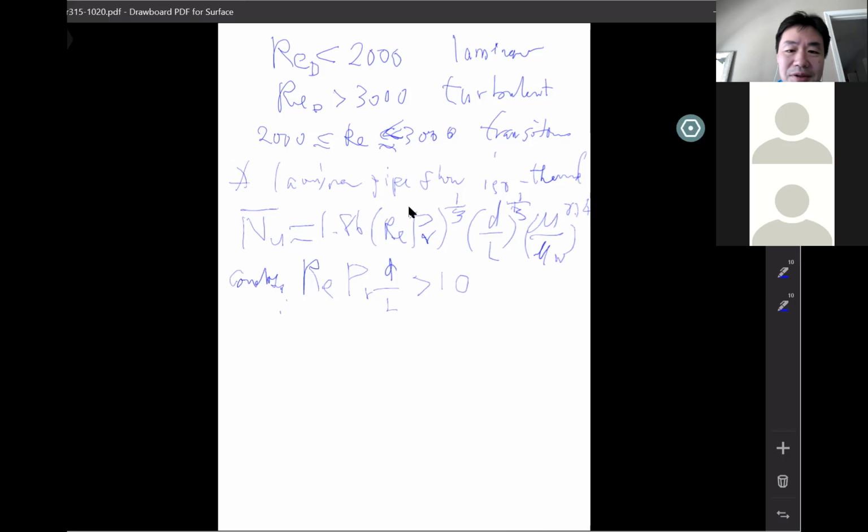Because in the future, when you encounter real-time problems, most of the time you're gonna do iteration, because the property changes a lot when you apply different temperatures for the fluid, okay? So let's look at example 6.2. It is a laminar tube flow, heating of water in laminar tube flow, okay?